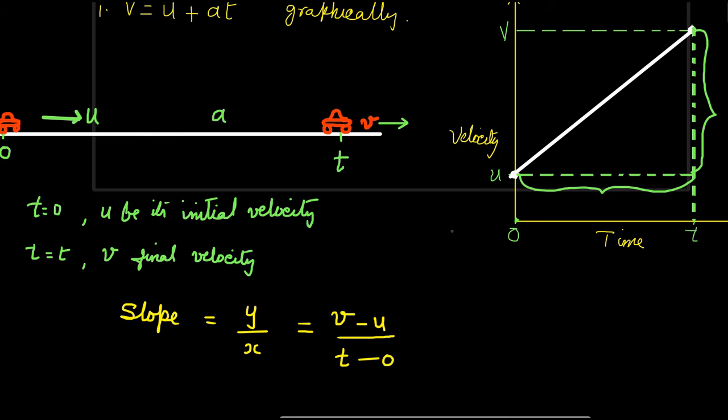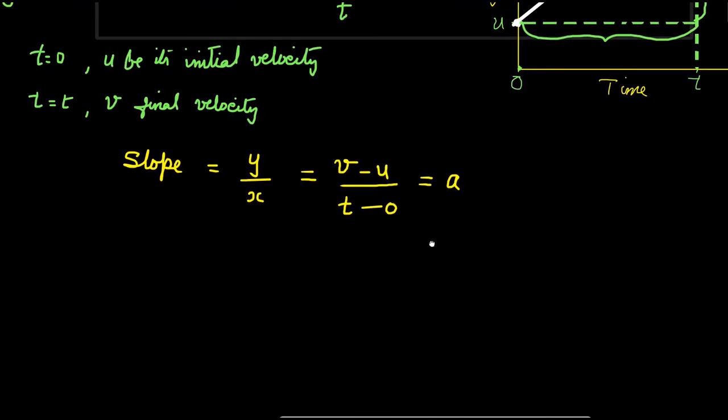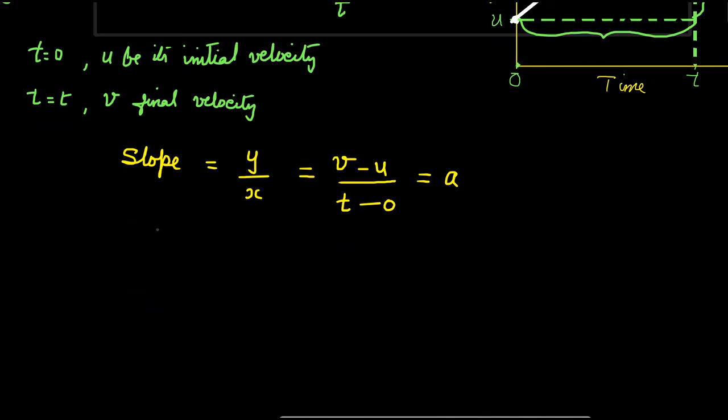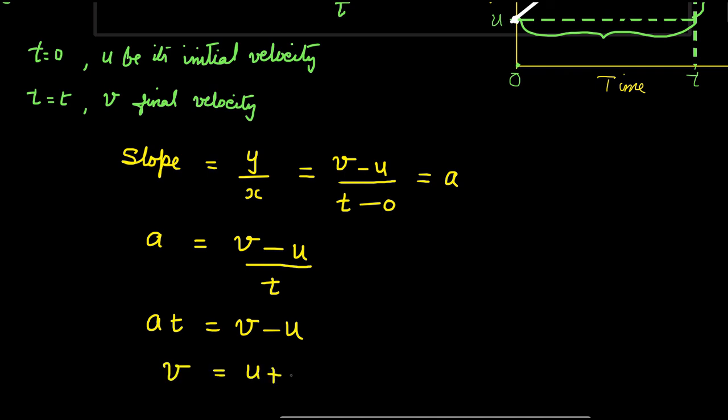But for an object in uniform acceleration, the slope of the velocity-time graph represents its acceleration a. Therefore, the equation can be written as a = (v − u)/t, or cross multiplying, at = v − u, or v = u + at.